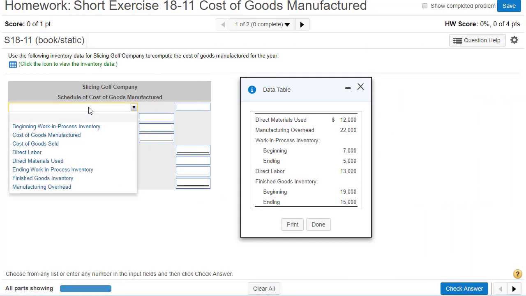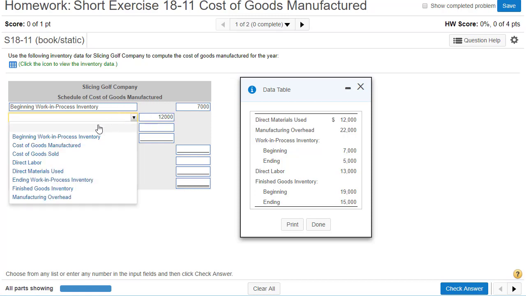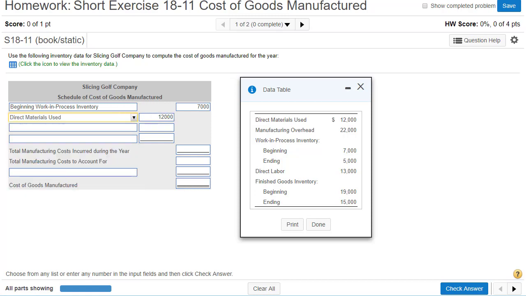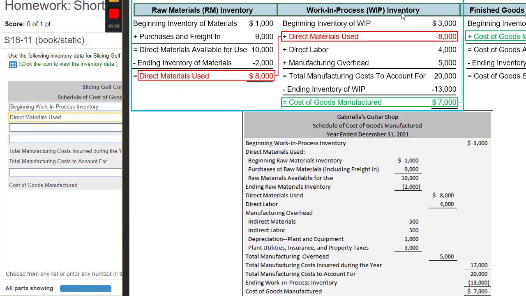So we start with beginning work in process, which was 7,000. And then we're going to add direct materials. Let's see, direct materials used is 12,000. So again, we're just following this.